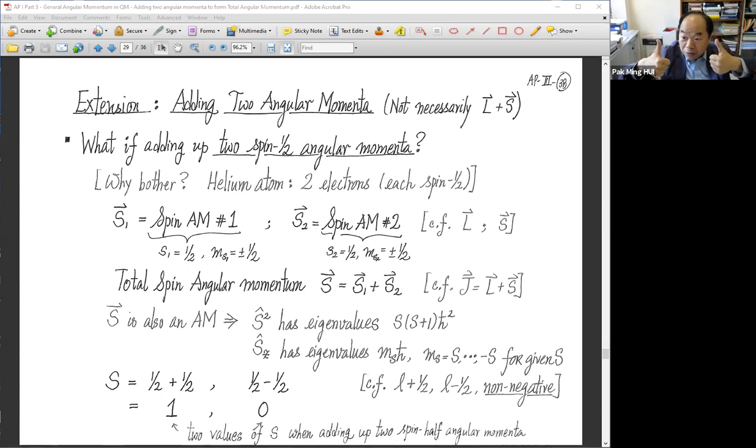Therefore, indeed, you have 4 possibilities, right? Up up, up down, down up, down down. So naturally you have 4 states. And now, by adding them up to treat the total, we also have 4 states. No more, no less. Same story. Get me?